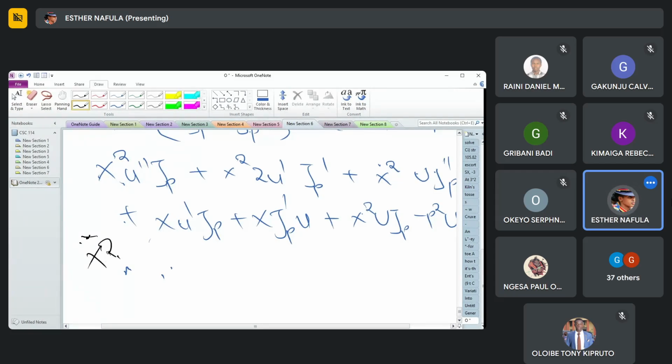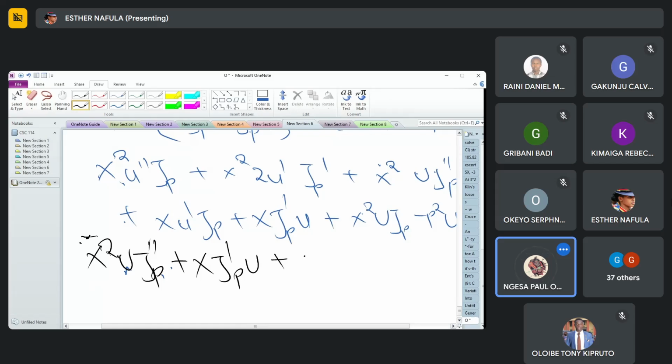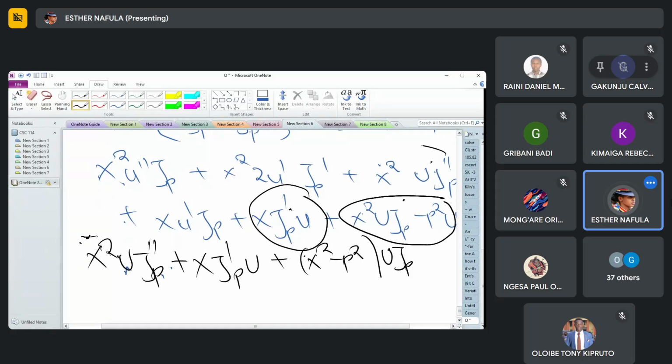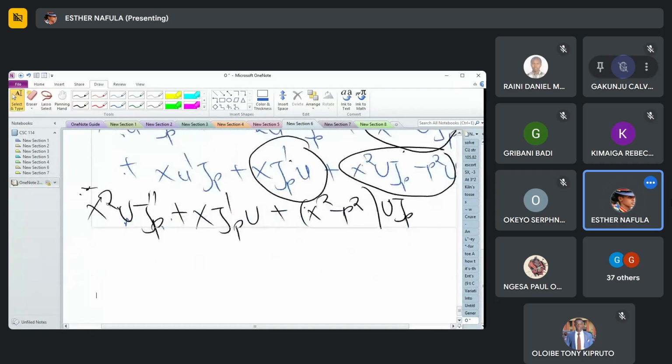x squared u j double prime p plus x j prime p times u plus, actually, we have x squared minus p squared u times jp. This term, and this term, x squared u jp prime.